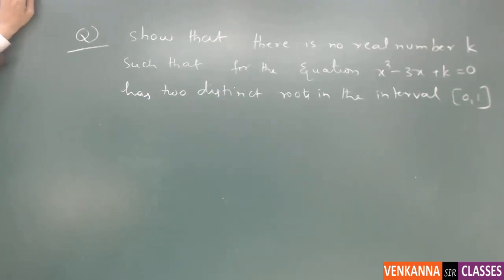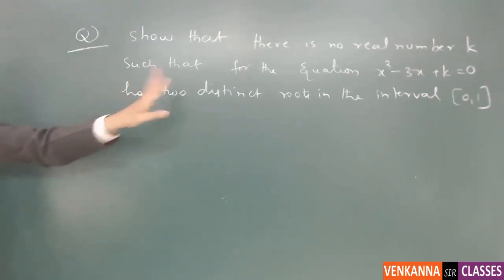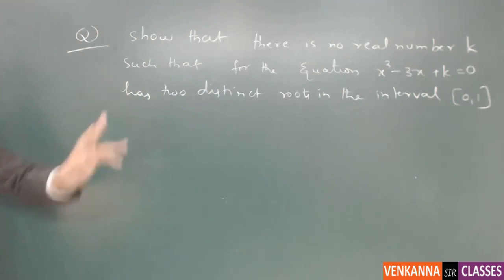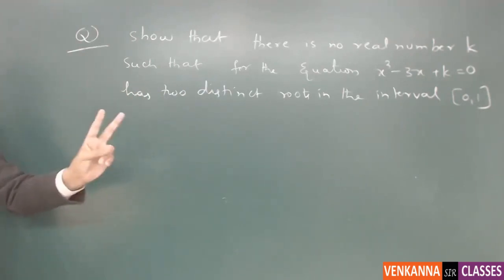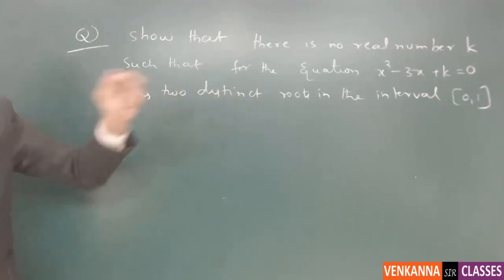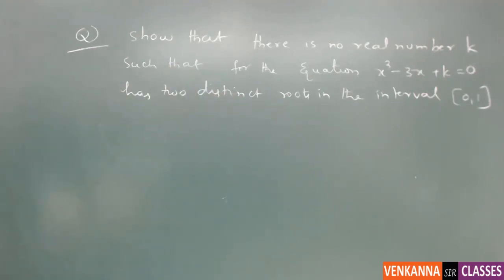So if you have calculated all the 3 roots, you cannot find 2 different roots which are lying in the interval 0, 1. It means that if you have said that A, B are 2 roots which are different and which are lying between 0 and 1, it is not possible practically.